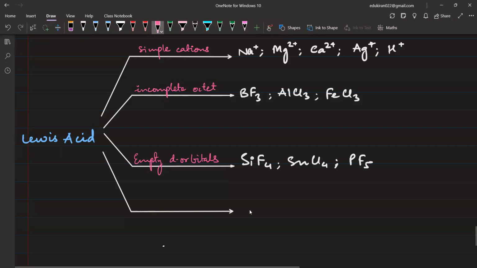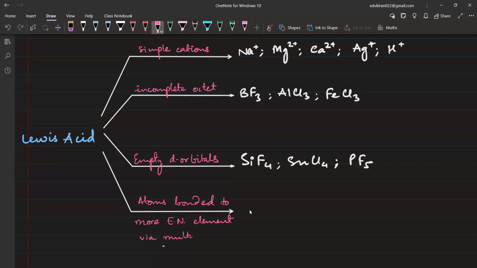इसके बाद एक केस आता है atoms bonded to more electronegative element via multiple bond. Now these also they have tendency to accept electrons. जैसे कि आपके पास है कार्बन डाइऑक्साइड.